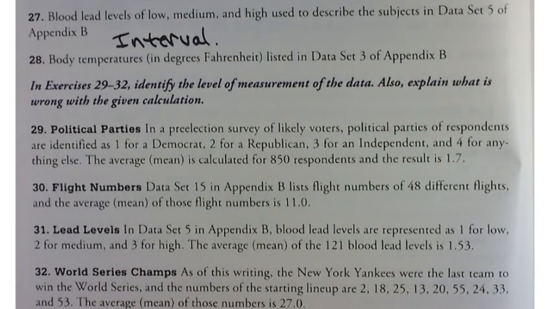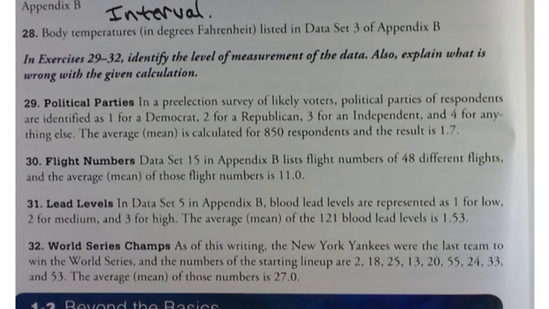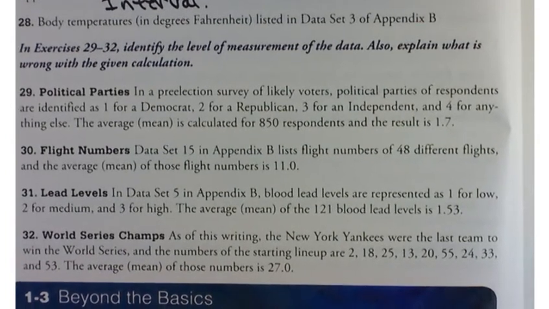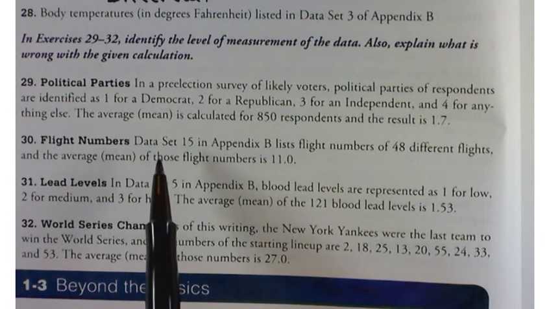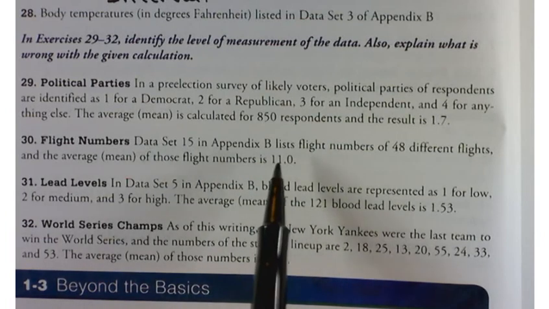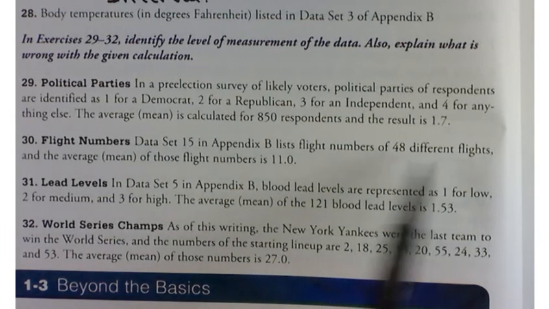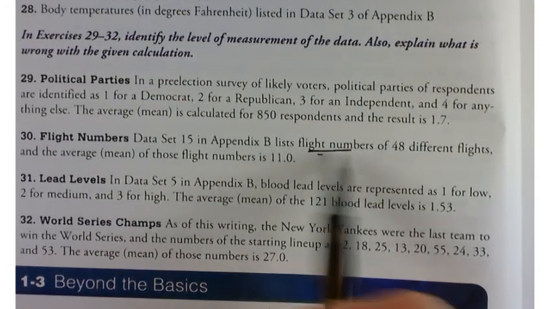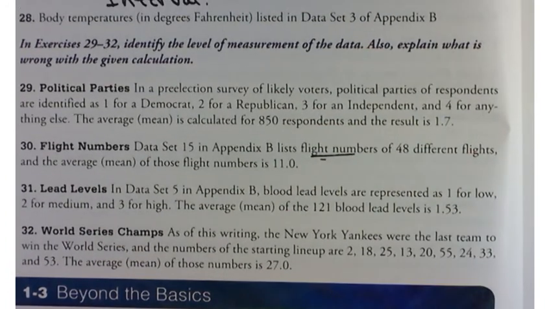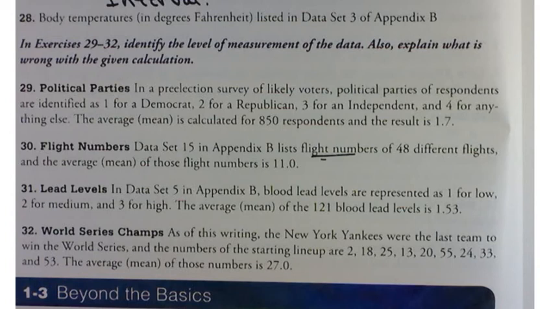Let's do one or two more here. And I'm kind of going to veer a little bit off script. It says Dataset 15 Appendix B lists flight numbers of 48 different flights and the average mean of those flights. Well, let's just think about the flight number itself. What kind of data is the flight number? Yeah, it'd be nominal. It's just whatever they happen to choose for the name of the flight or the flight number.